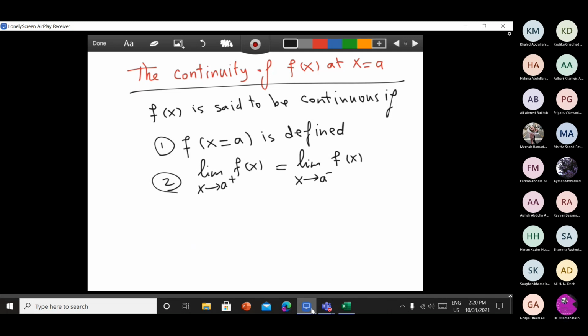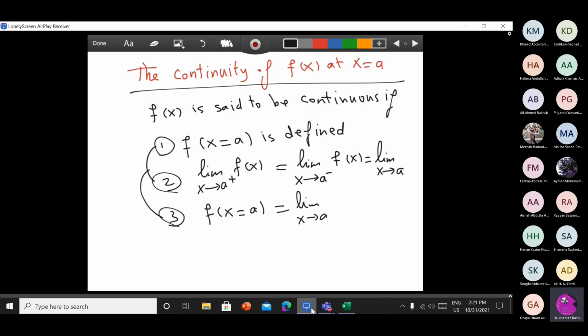And then I will link these two together to the third one: f of x at x equal to a is equal to the limit of x tends to a, because if the right limit equals the left limit, there is a limit at this point.